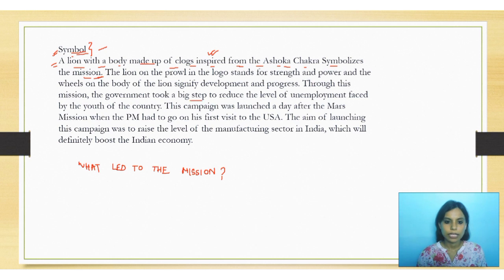Other lines you can just include. These were the results. Number one, to reduce the level of unemployment faced by the youth of the country. Of course, to increase the employment opportunities. You can talk about that thing.